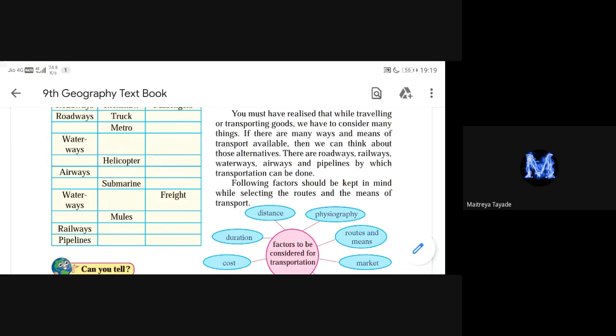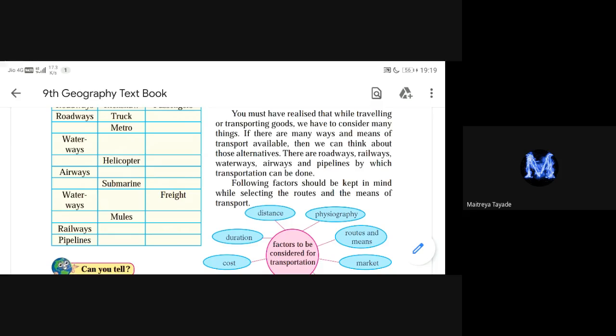So basically, they are saying here that while traveling or transporting any goods, we have to consider many things. Also, we have many ways and means of transport available, so we can think about alternatives.